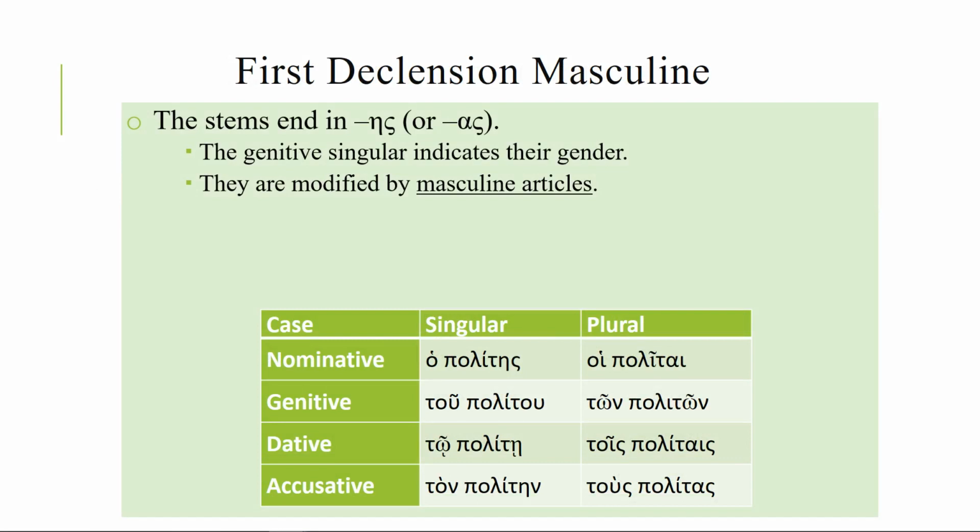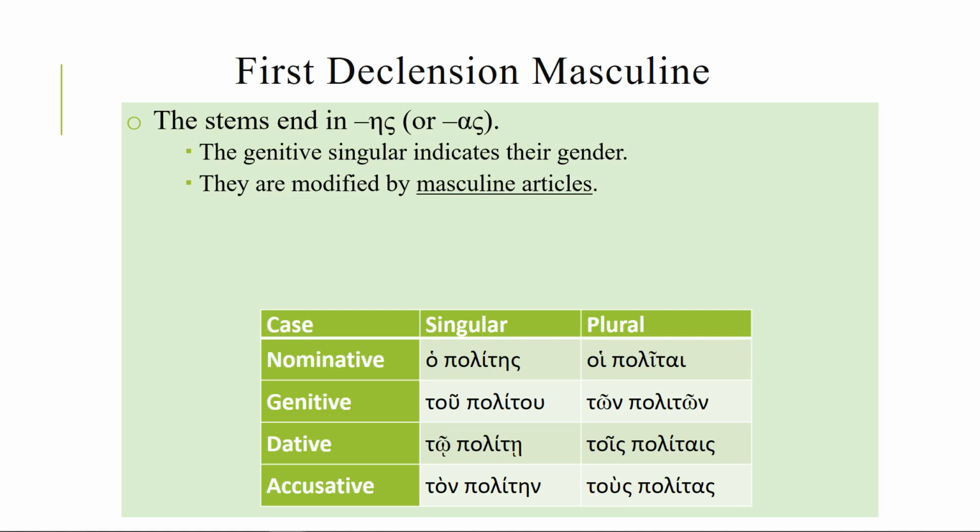First declension masculines, there are a few of these. You'll see them right away because they end with eta sigma instead of the eta, or alpha sigma instead of the alpha. Usually it's eta sigma. Again, you need the genitive singular here to know the gender, or else the article to know the gender. They are always modified by masculine articles because they are masculine.